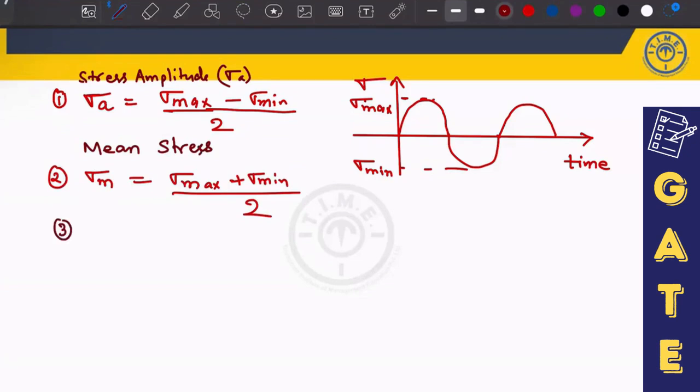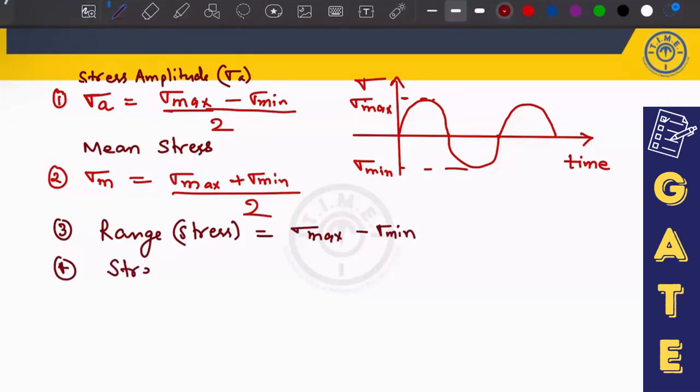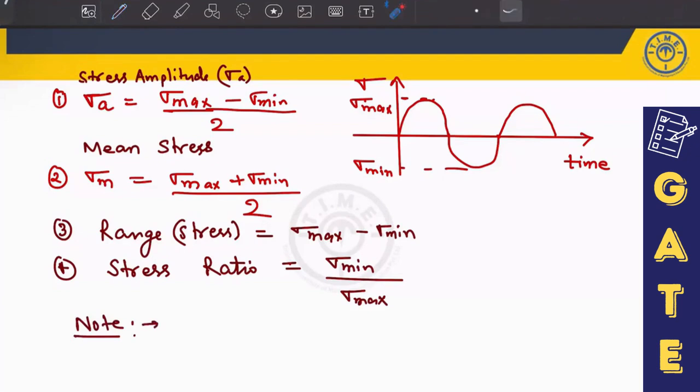Okay. Now the third one, as its name indicates, is the range, that means you have to calculate the range of the stress, which is sigma max minus sigma minimum. And the fourth one, which is very, very important, is called the stress ratio, which is defined as the ratio of minimum divided by maximum stress. Okay, so please make a note. Whenever you are solving a question based on either the stress amplitude, mean stress or maximum stress, please take the sign also into consideration in the formula.